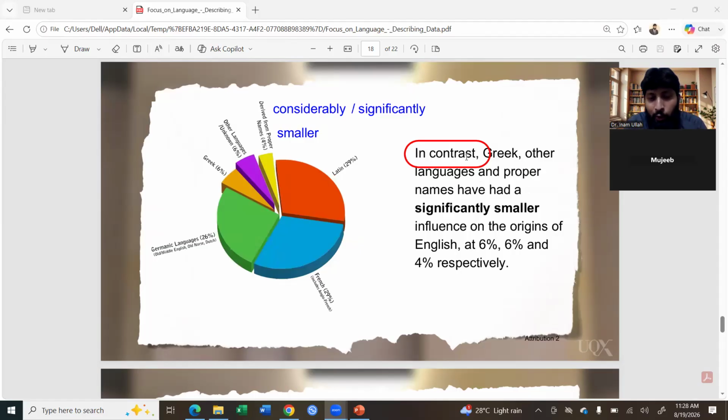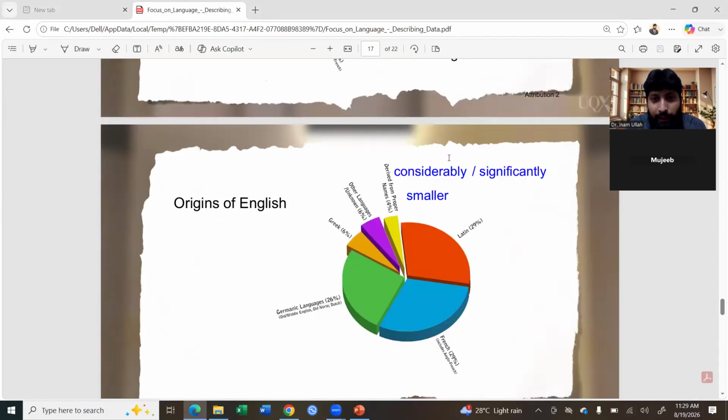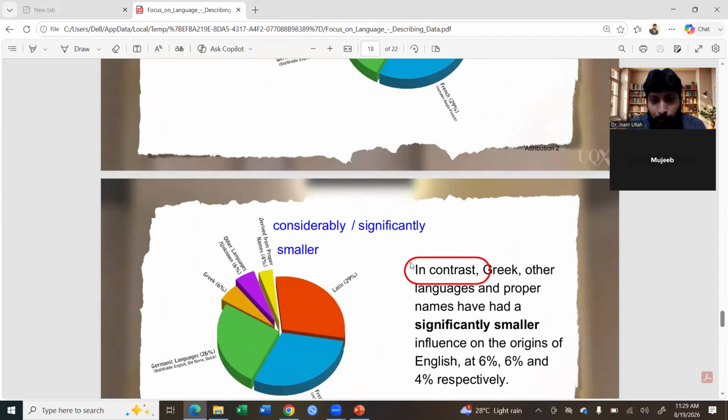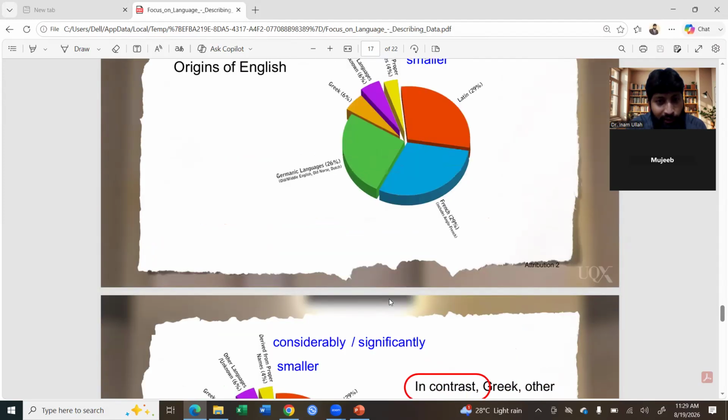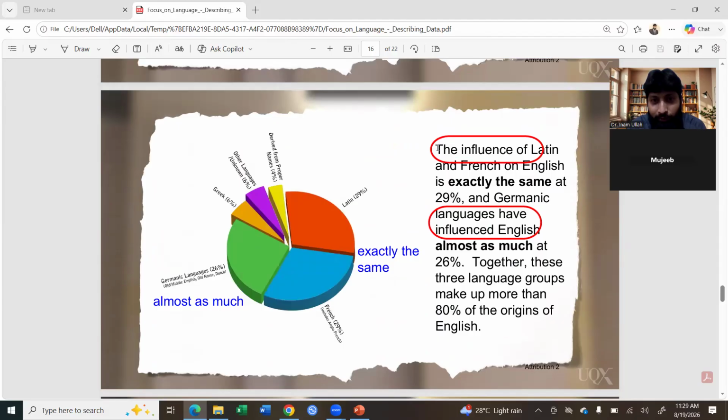Here we have a cohesive device as well: "in contrast". Why "in contrast"? The phrase is used to show that this paragraph or sentence is different. It is narrating a different story than the previous one. Here the contribution was very high.